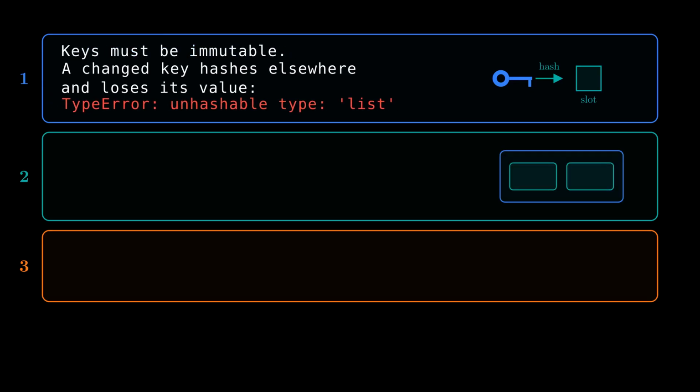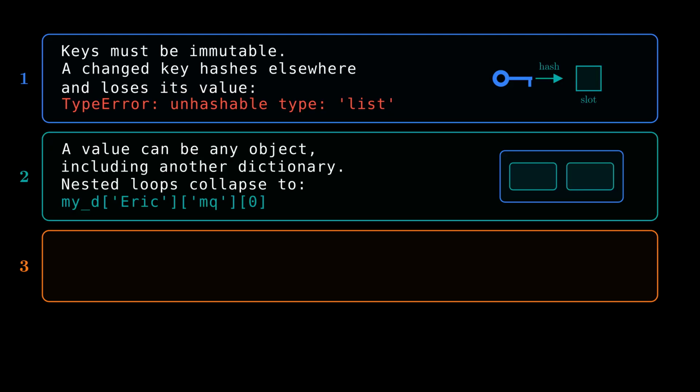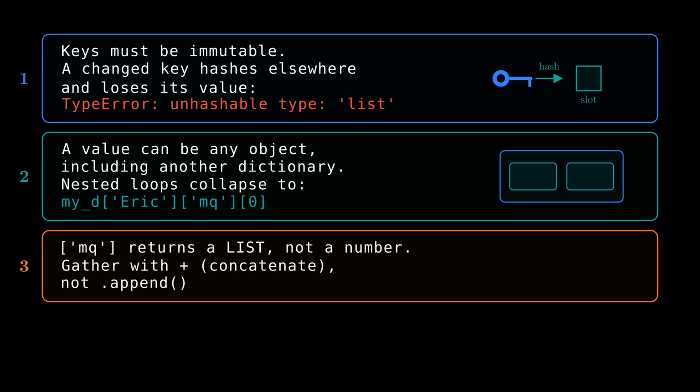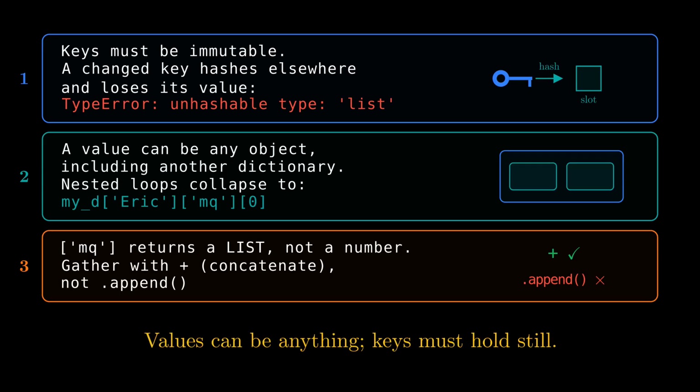Second, because a value can be any object, a class record becomes a dictionary of dictionaries, and the retrievals that once needed nested loops collapse to a single chained lookup. Third, indexing an inner dictionary returns a list, not a number, so you gather scores by concatenation, not by append. Values can be anything. Keys must hold still.